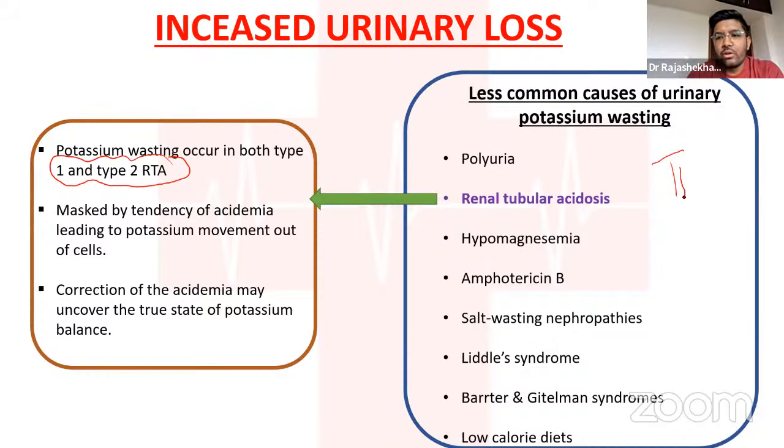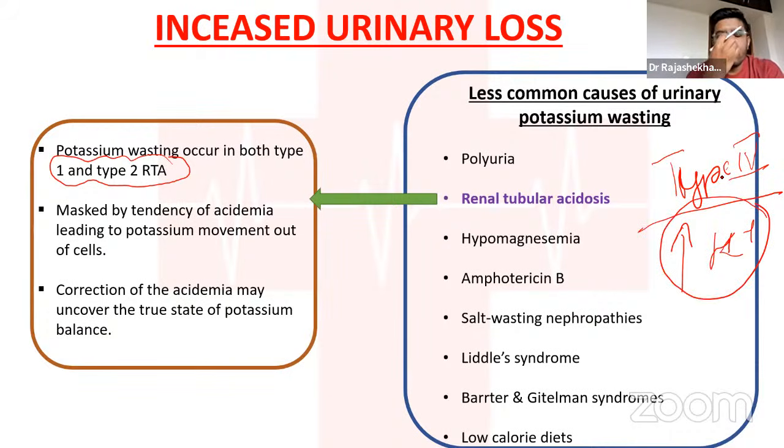Only type 4 RTA is associated with hyperkalemia, whereas all other types of renal tubular acidosis are associated with hypokalemia. A very important point in renal tubular acidosis is, as I told you, that acidosis shifts potassium from intracellular to extracellular.